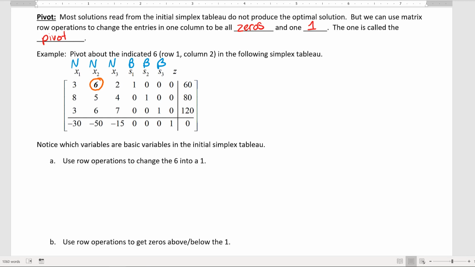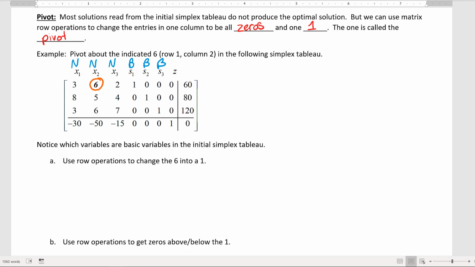Now, in the process of pivoting, that is going to change because I'm going to pivot about the 6 because the problem told me to. We are going to change the X2 column to have all 1s and zeros, which is going to make another one of the basic columns have other values in it and therefore be non-basic. So we're going to change which columns are basic and non-basic to get a better solution.